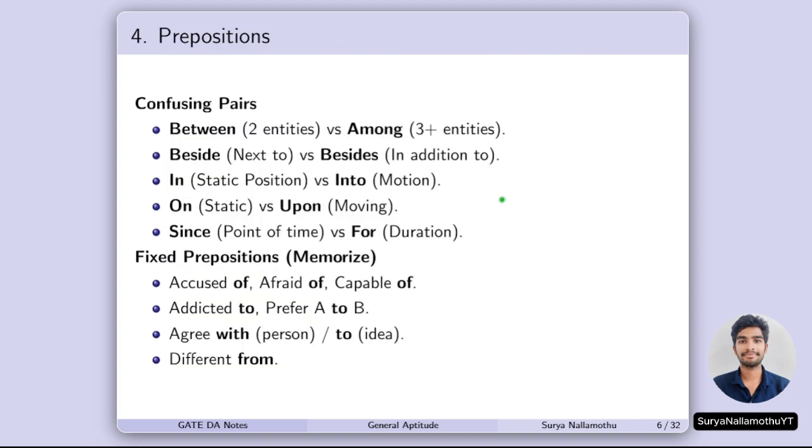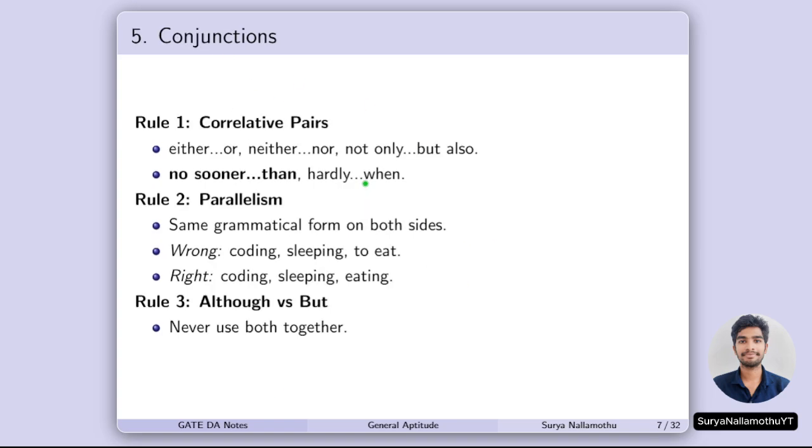Next, here we show the prepositions: in, of, to, with, from, upon, into, besides, among. These we call prepositions. Conjunctions: either or, neither nor, not only but also. These we call conjunctions.